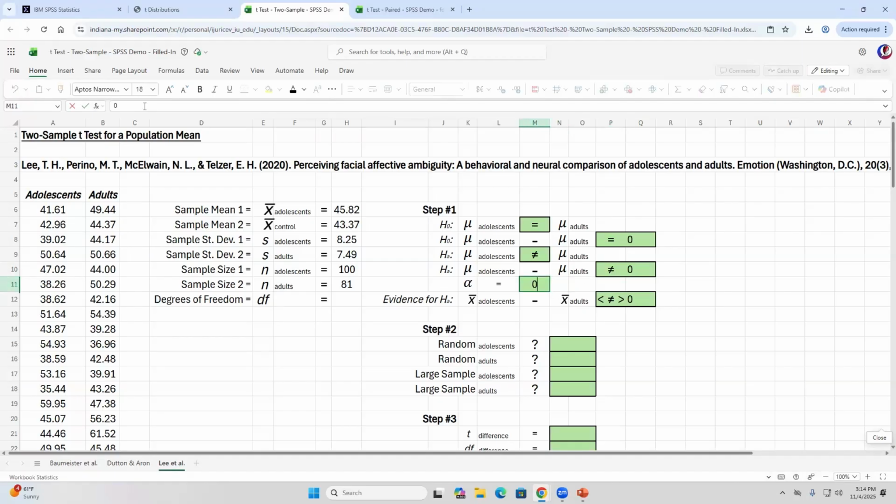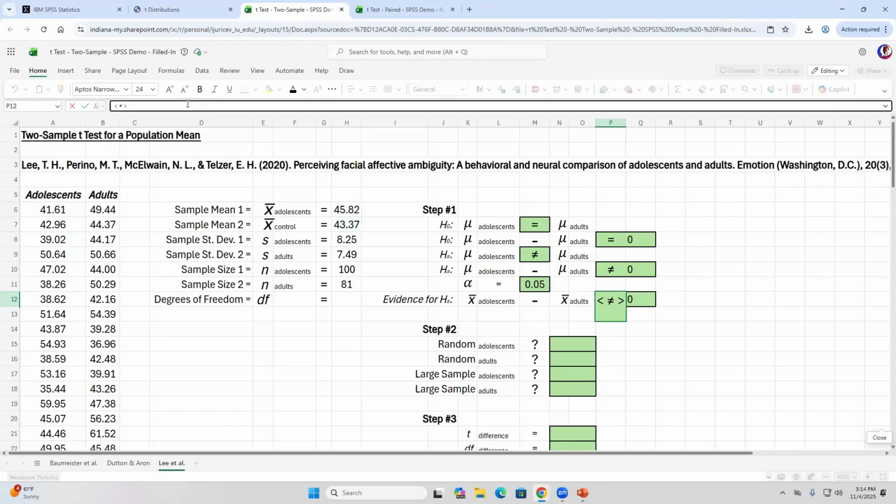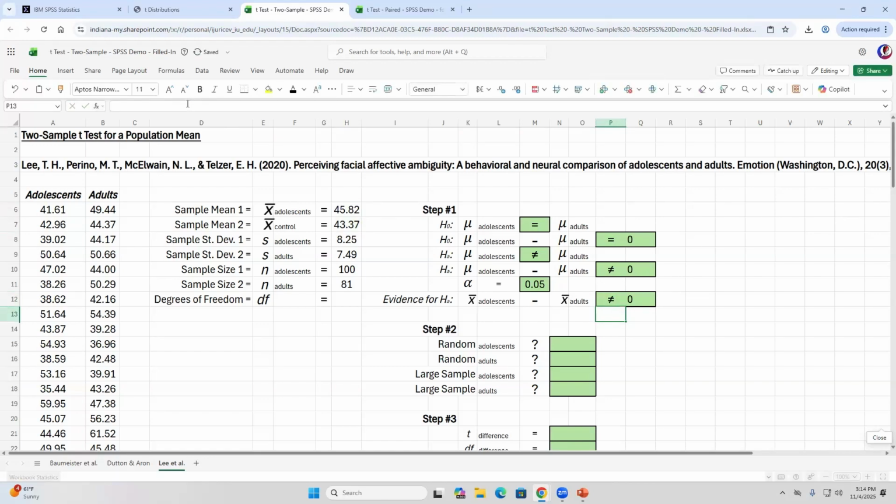Our alpha level, they don't report it, so it's going to be 0.05. And as evidence, we have our sample means here, and the adolescent sample mean minus the adult sample mean does not equal 0. So we do have evidence already that there might be a difference.